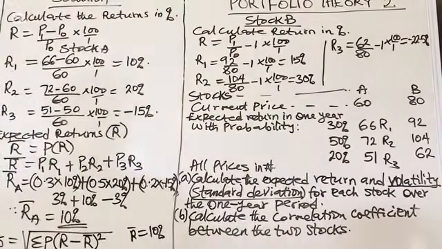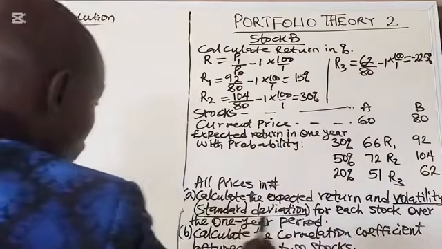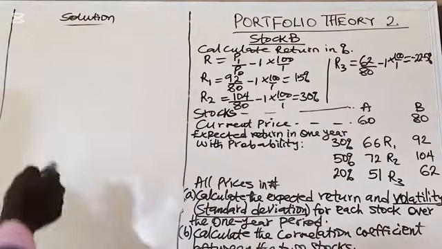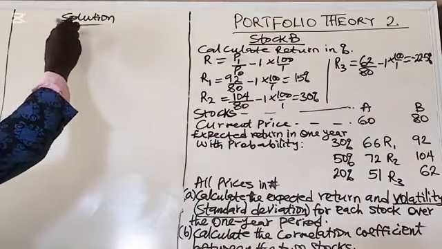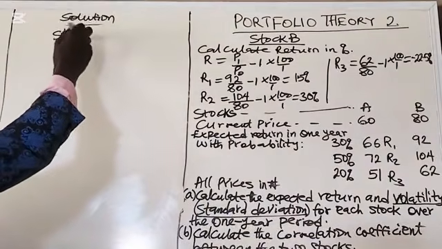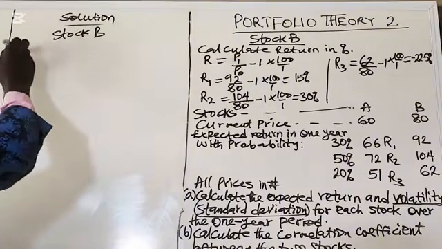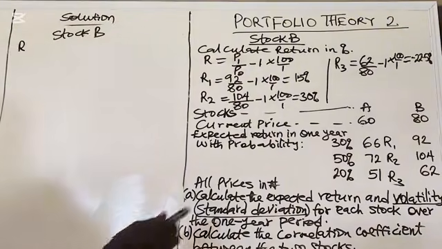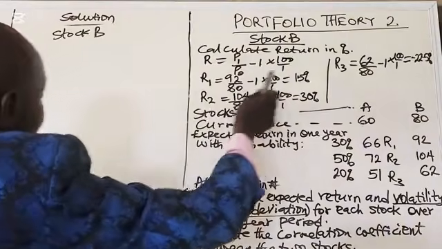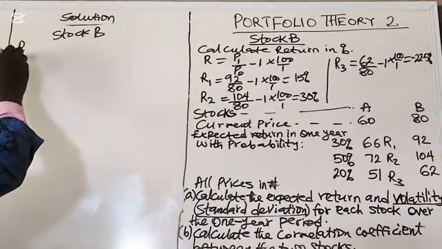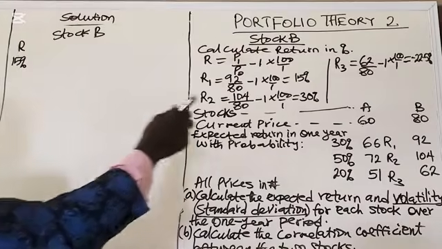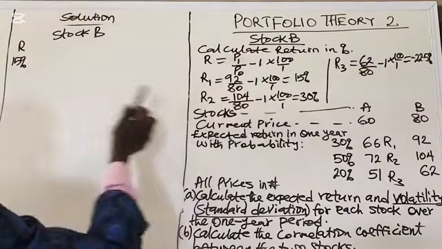They want to calculate the expected return and volatility for stock B now. So stock B, we have returns. The first return as calculated is 15%. The second one is 30%.